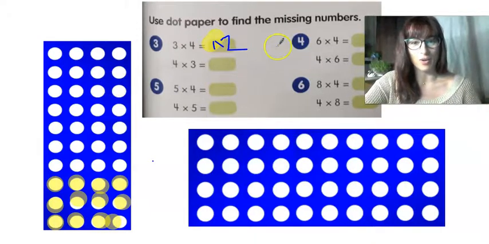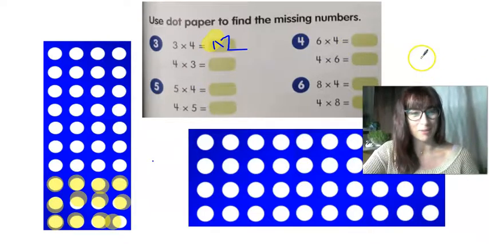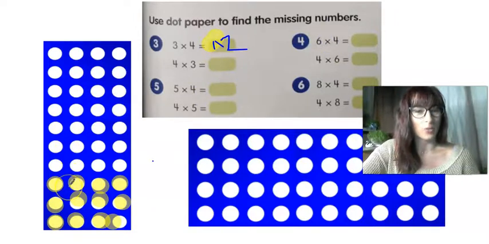Okay, let's try one more. Let's do 6 multiplied by 4. Let's see if Miss Bielova can write better this time. I need more practice writing with the mouse. 6 multiplied by 4. Again, the number 6, I'm going to first put into rows. I need 6 rows. 1, 2, 3, 4, 5, 6.